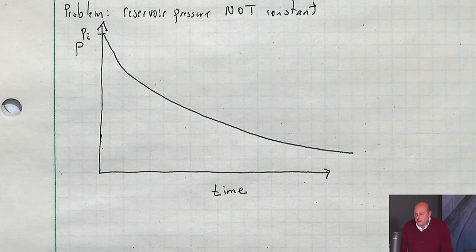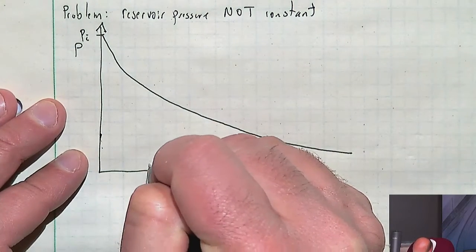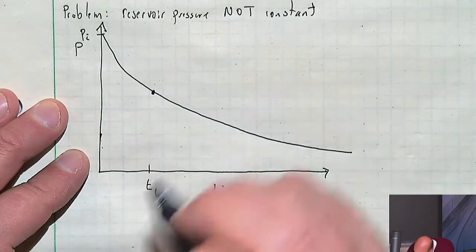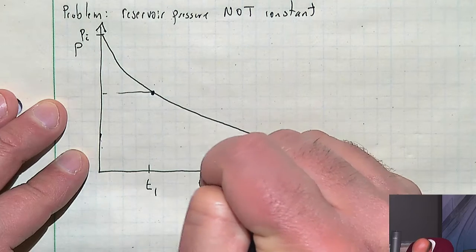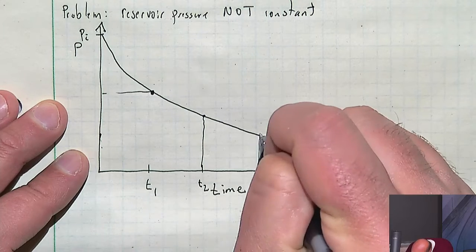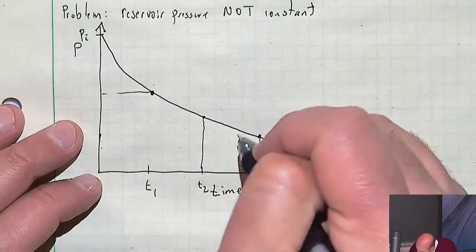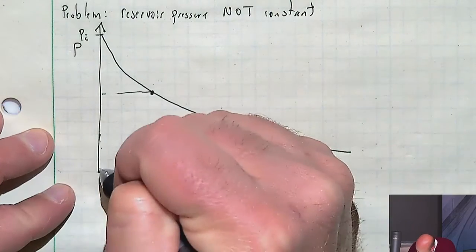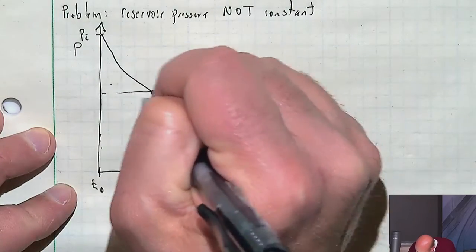What we're going to do is cheat a little bit. We're going to cheat by approximating. So let's say maybe at T1, this is our pressure right over here, and then you've got a T2. It goes up to there, and then you have a T3 that goes up to there. And what we're going to do is say that from T0 to T1, the average pressure is between PI and this P1 over here.